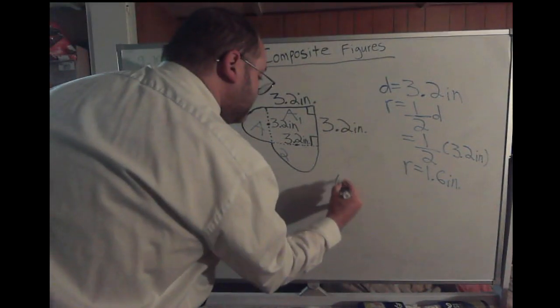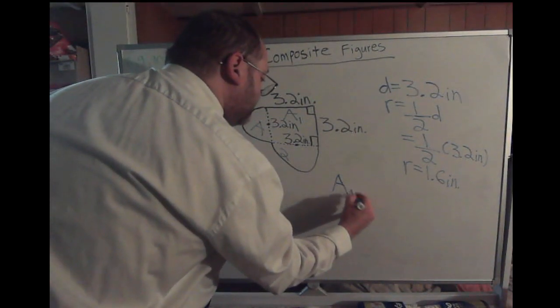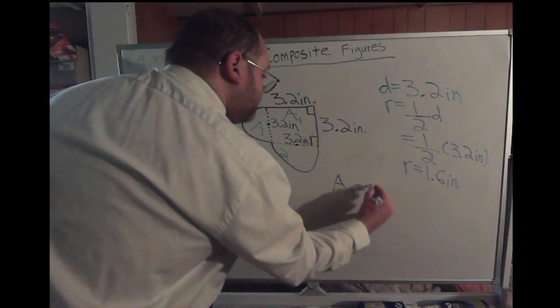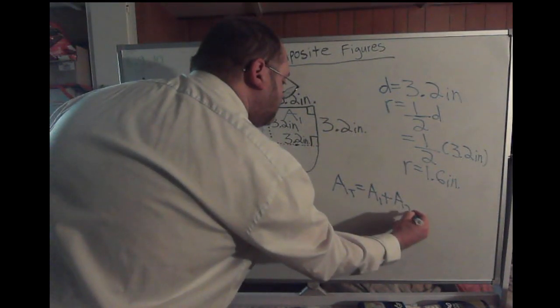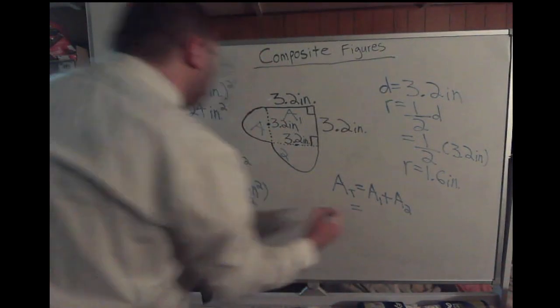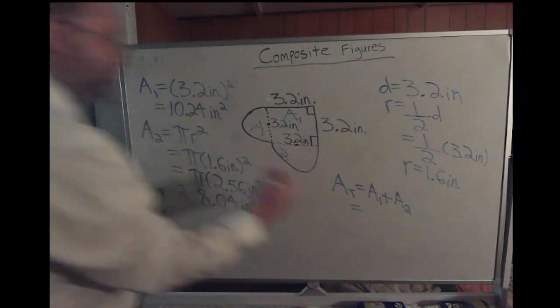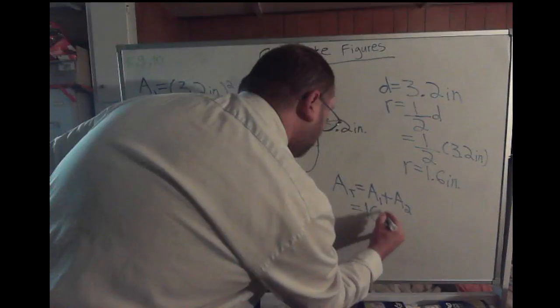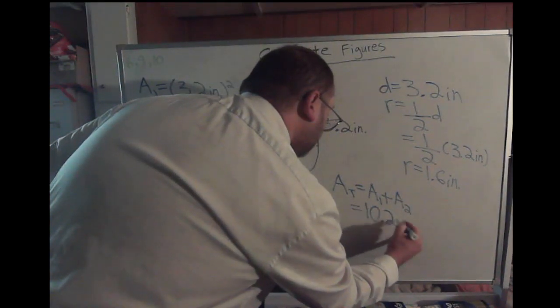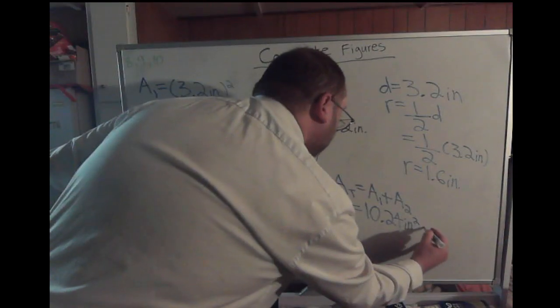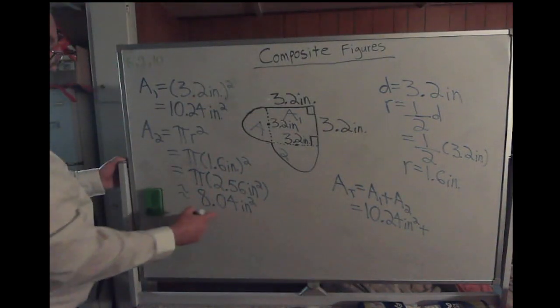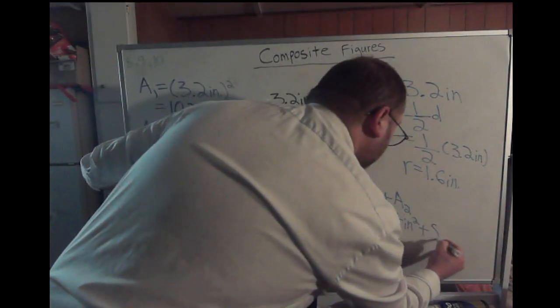Now we want to find the total area. You're going to add the first area with the second area, which would be equal to C. Area 1 was 10.24 inches squared, plus area 2 is 8.04 inches squared.